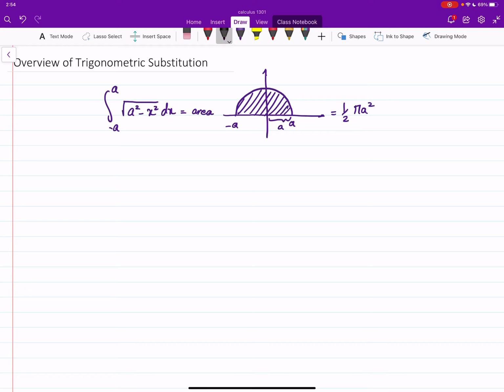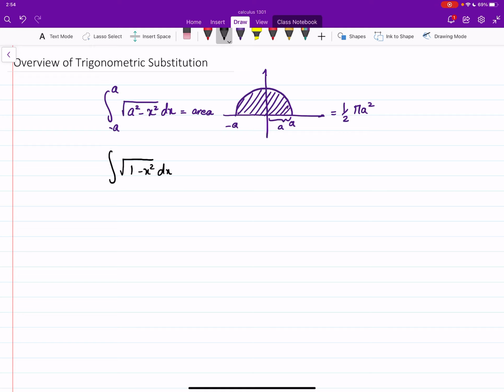But then you may wonder, how about my integral? Let us put a equal to 1 at this point, which would cover the essence of what we are looking for. How about the indefinite integral of root 1 minus x squared without any limits?